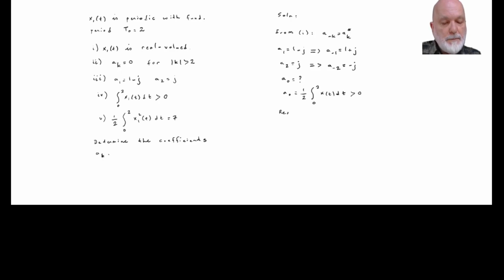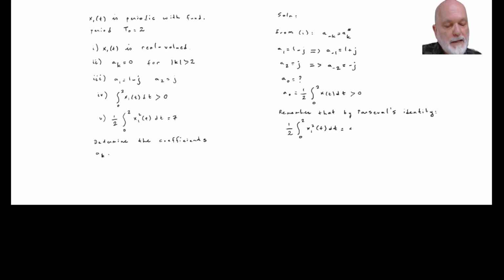By Parseval's identity for the signal x1 of t, 1 over 2, this 2 here is the fundamental period, the integral from 0 to 2 of x1 squared of t with respect to t is equal to an expression given in terms of the summation of the squares of the magnitudes of the Fourier coefficients.